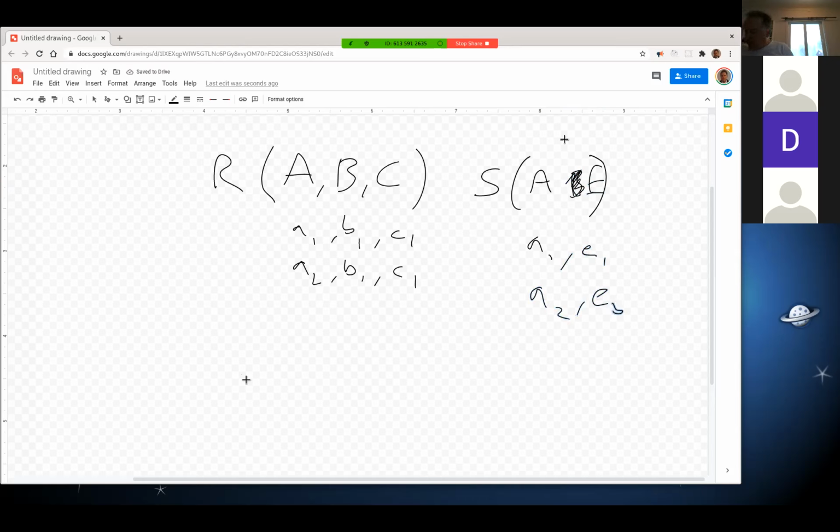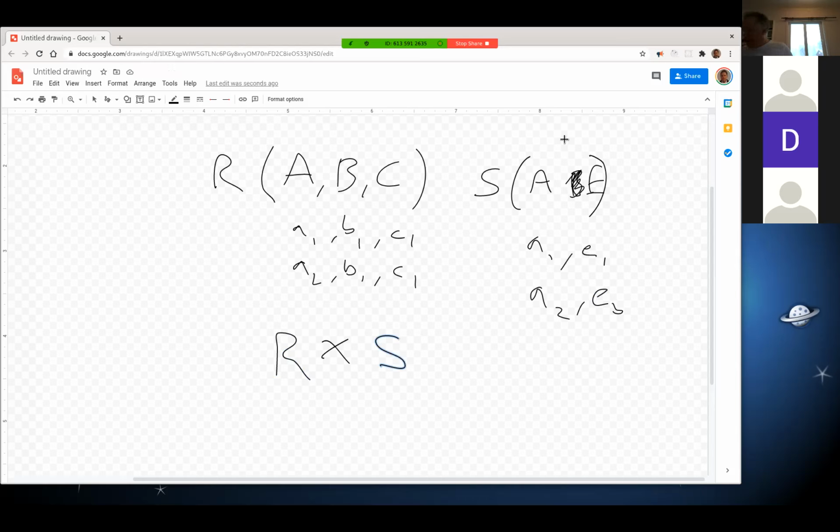This is usually one that students have a little more difficulty with, but we're getting close to finishing up the relational algebra. So we get to the Cartesian product operation.